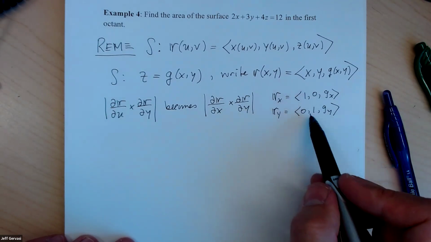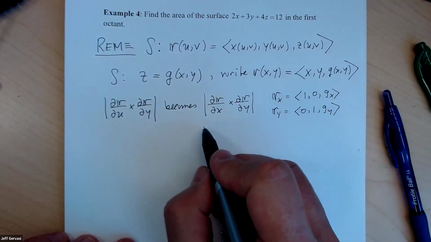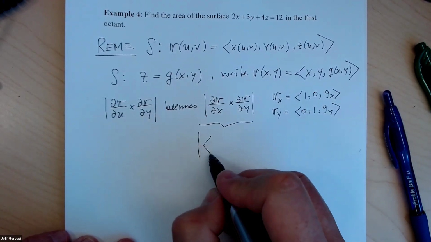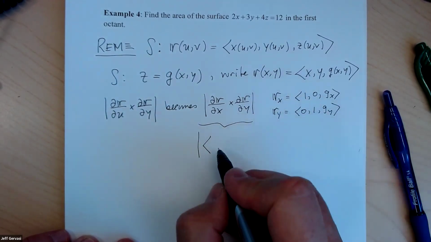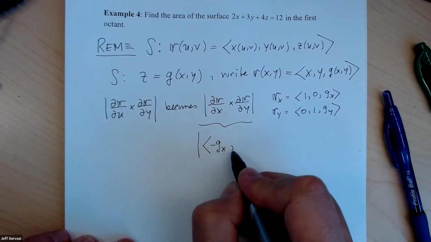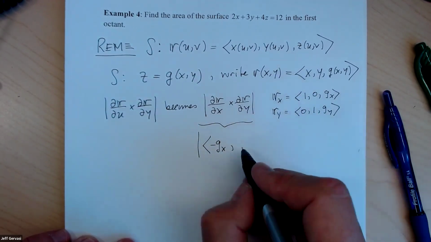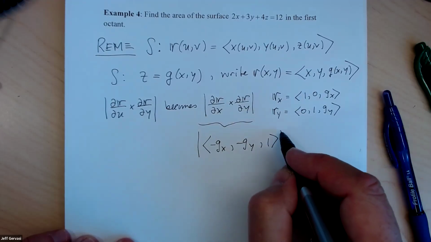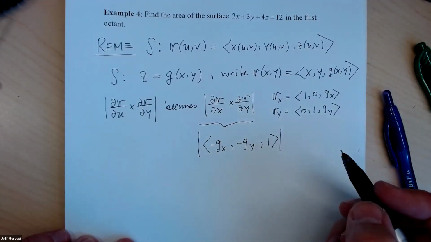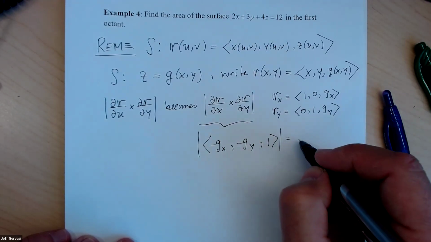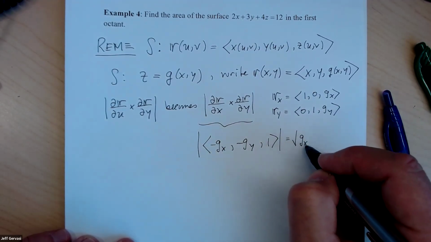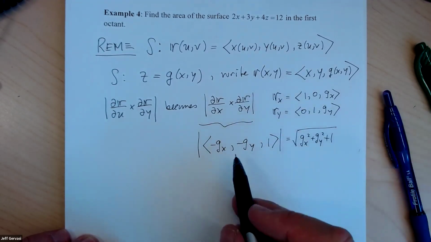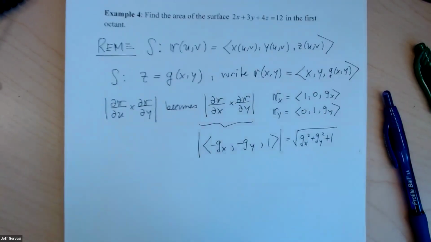So when I take the cross product of these two things, I should get this. And that gives me this. You have to square all three components, add them together, and take the principal square root.